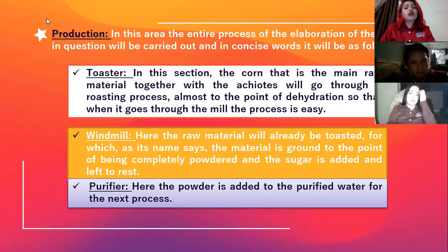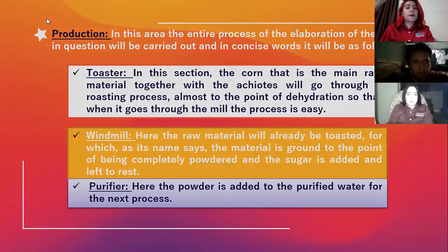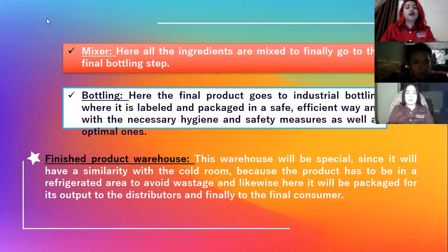Purifier. Here the powder is added to purified water for the next process. Mixer. Here all the ingredients are mixed to go to the final step, bottling.